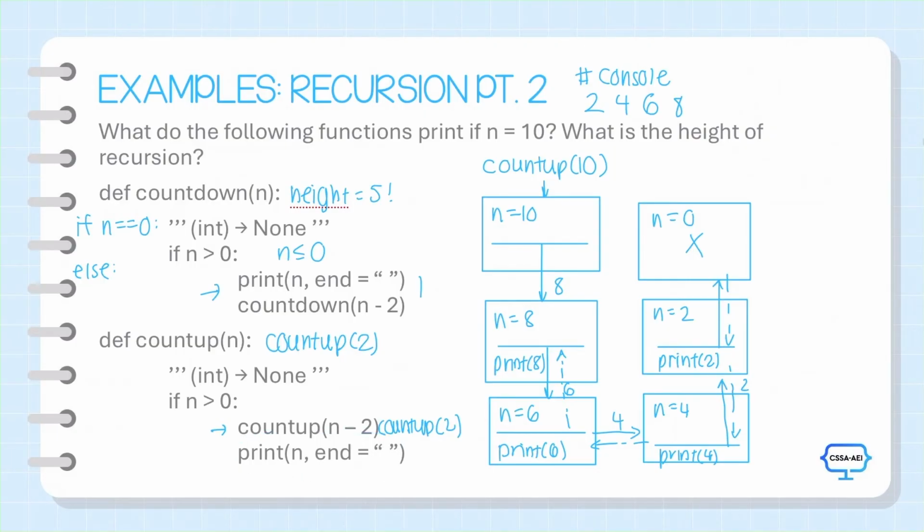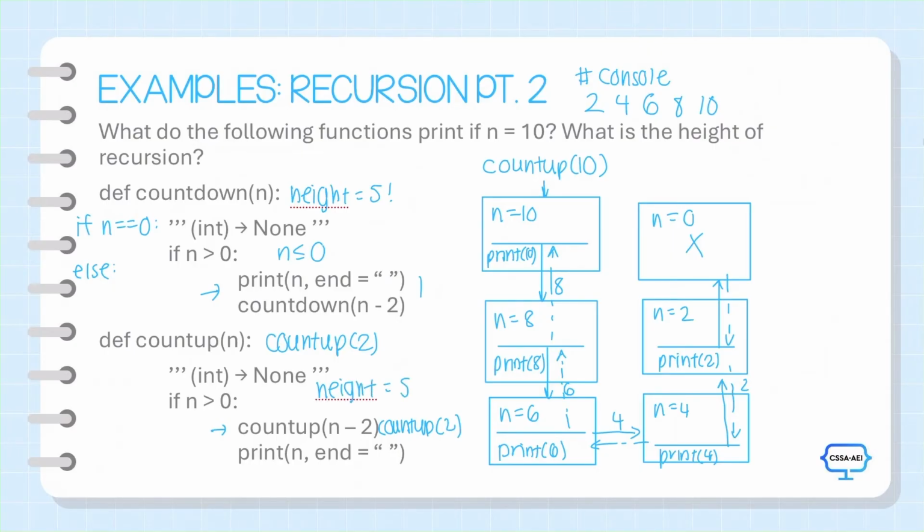Anything after the recursive call, we're finishing up now, because as soon as we call a function in general, we have to wait for it to finish and give its value back to us before we can continue with our program. So lastly, we'll print 10, and that's the end of that. Again, this has a height of 5 because we called 5 times.